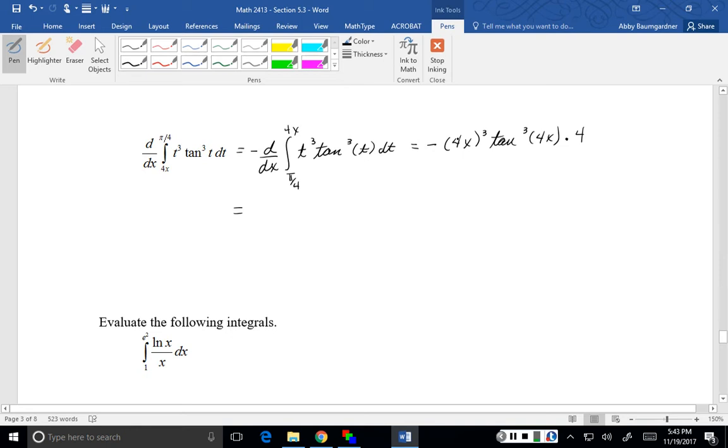And so you should end up with, and I am not going to multiply all those out, but you should end up with a negative 4 times quantity 4x cubed, tangent cubed of 4x.